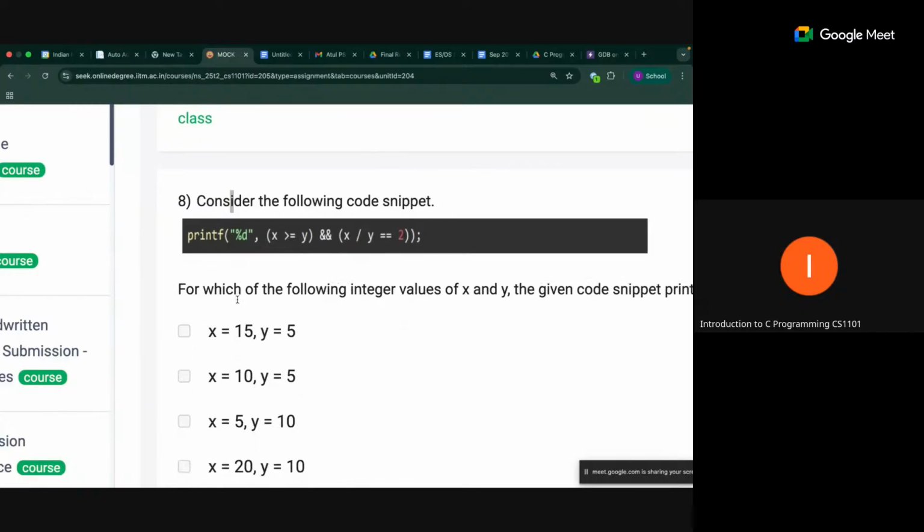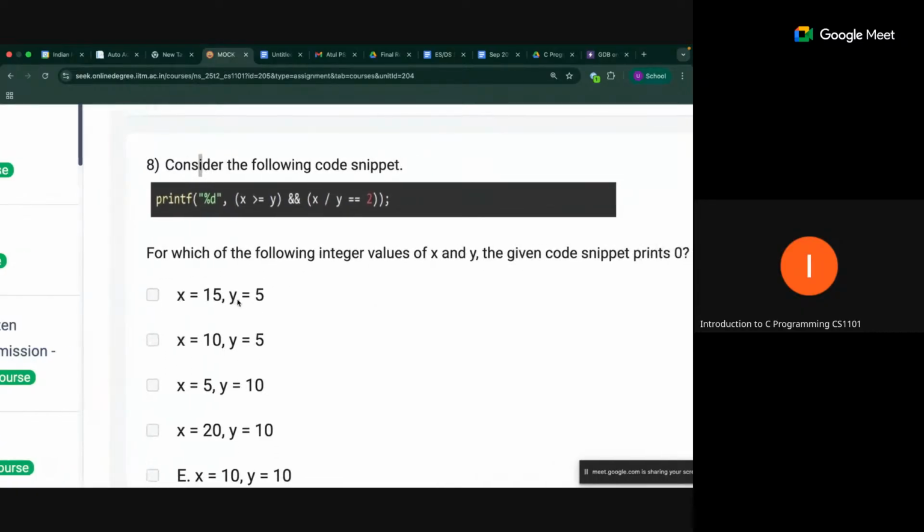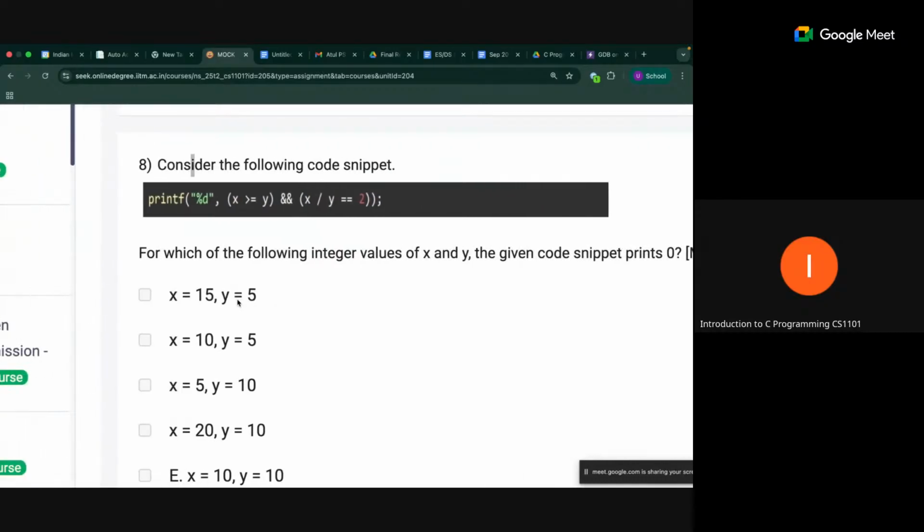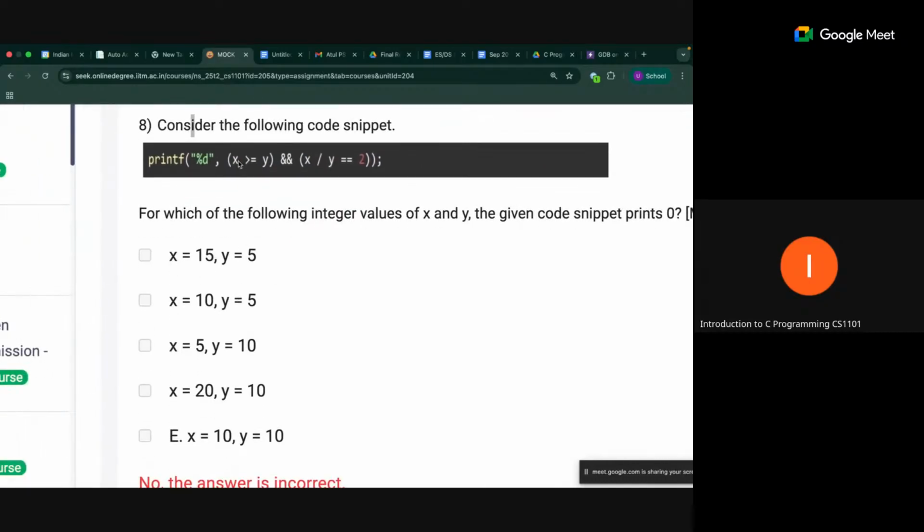Okay, here is the next question, people. They have asked which of the following integer values of x and y will give the answer as 0. So here x has to be greater than or equal to y, and also x divided by y should give the value as 2. What is the difference between the division and the modulo? Modulo gives the remainder and division gives the integer value as quotient.